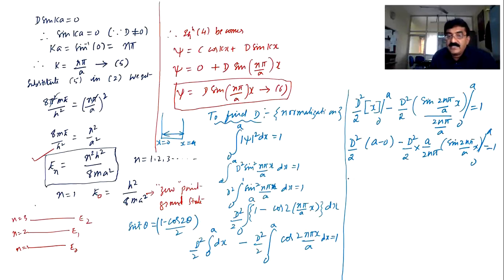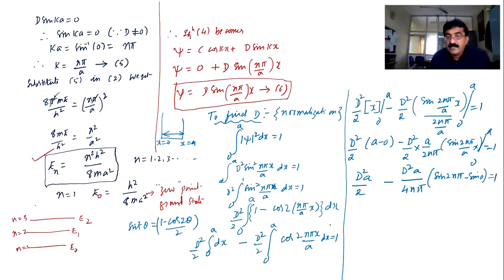Okay, this is D square a divided by 2, minus D square a divided by 4n pi into, please try to solve this on your own. When you apply the upper limit a in the place of x, the first term becomes sine 2n pi, minus when you apply the lower limit it becomes sine 0, is equal to 1.